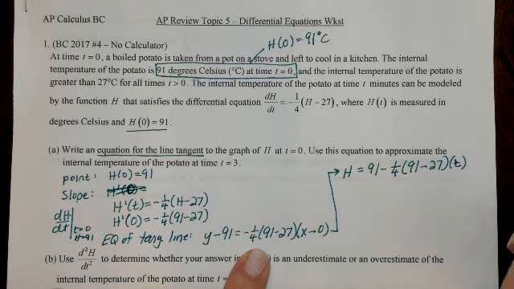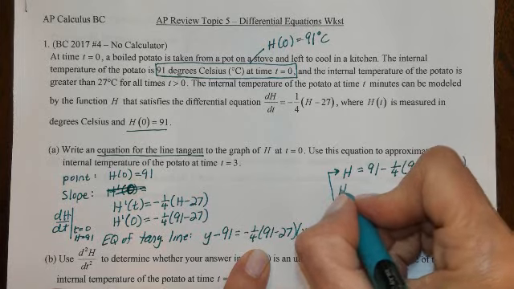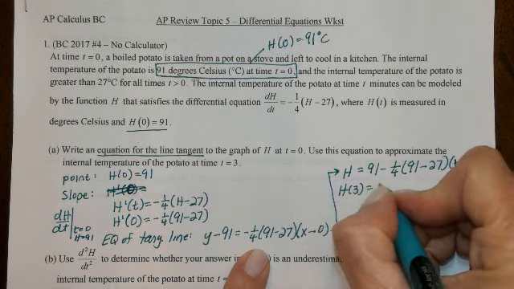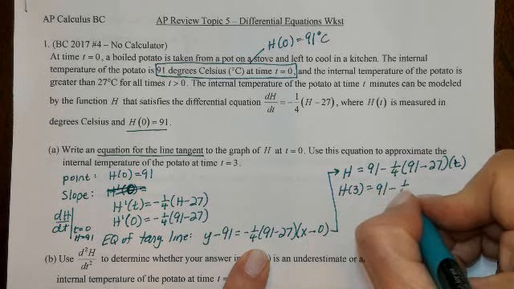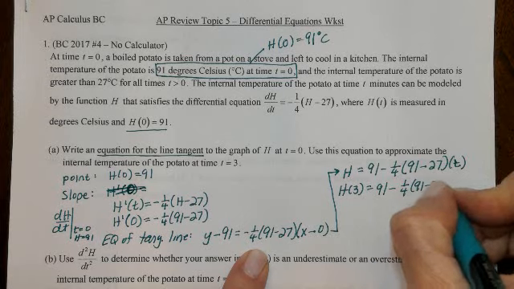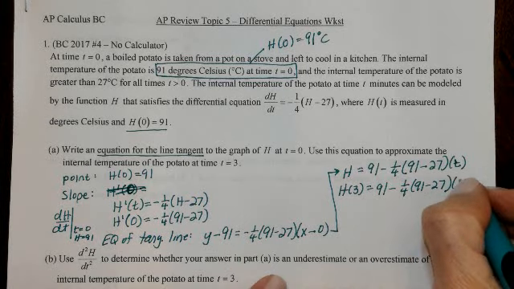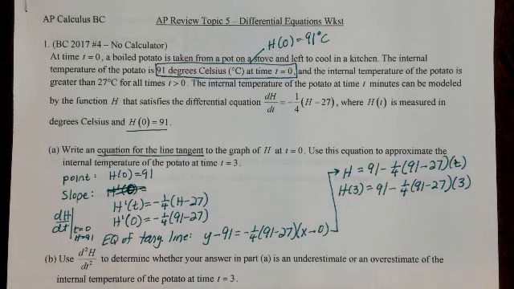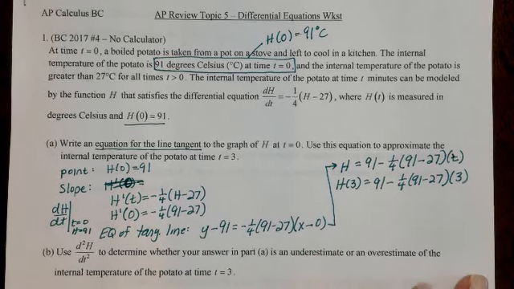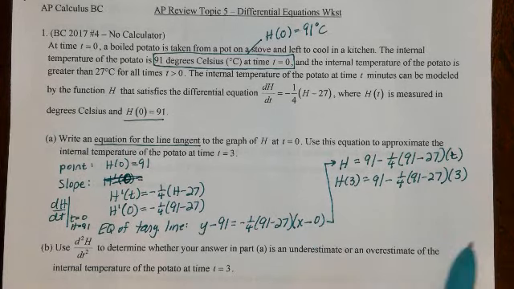X is representing our time. So h at time 3 would be 91 minus that times 3. And I could stop right there. They didn't ask me for units, so I'm not going to give them units, but that would be in degrees Celsius.